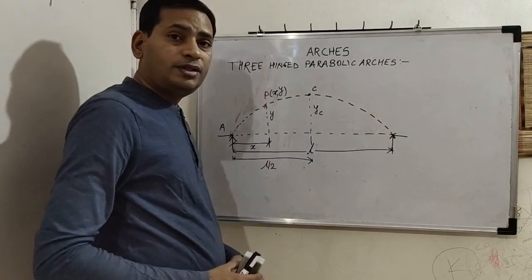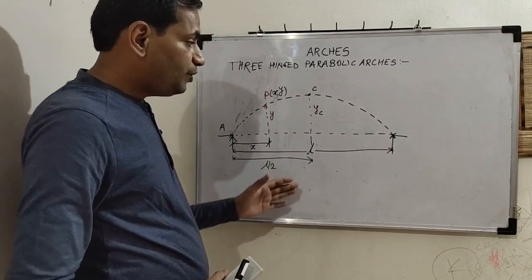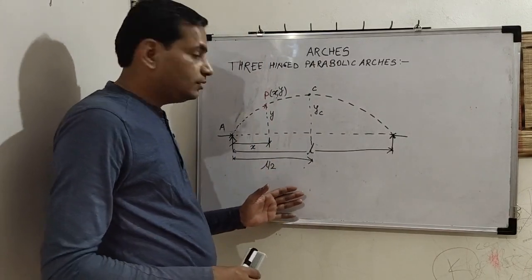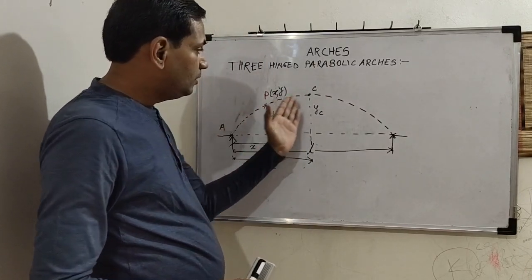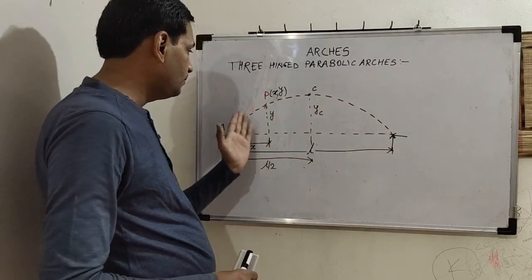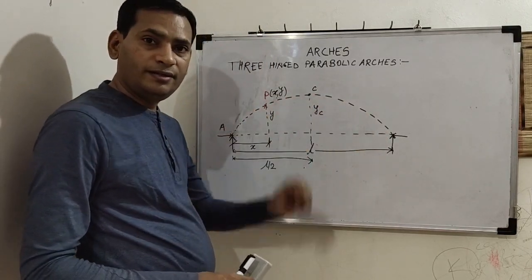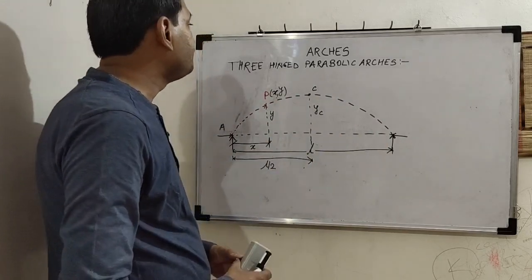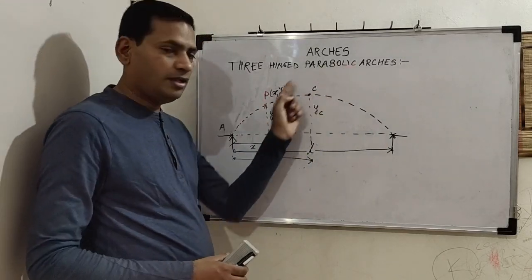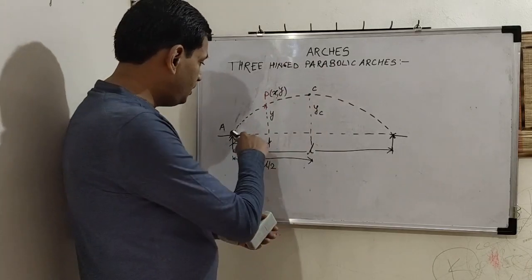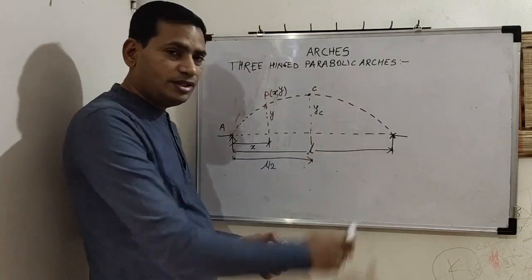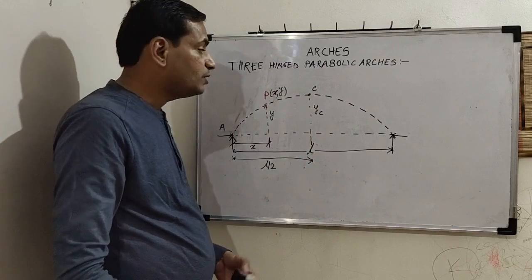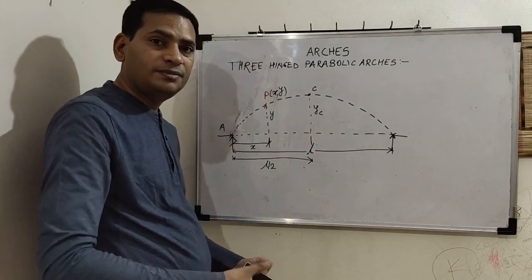Now we will start with the derivation for the equation of this dotted line for the arches. Okay. So this is 3-hinged parabolic arch and this line is the line of thrust or the center line of the arch.